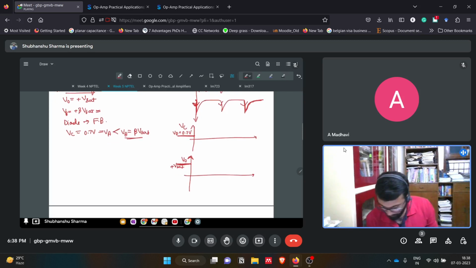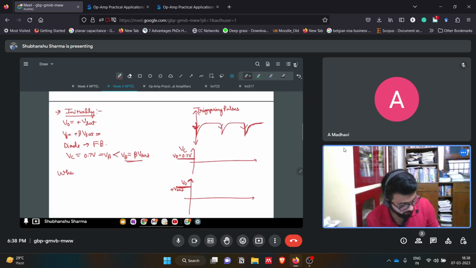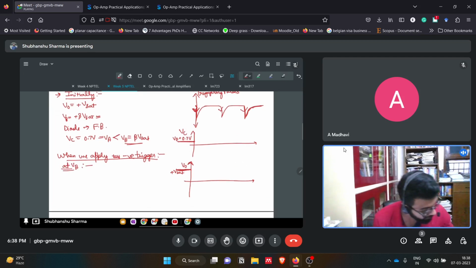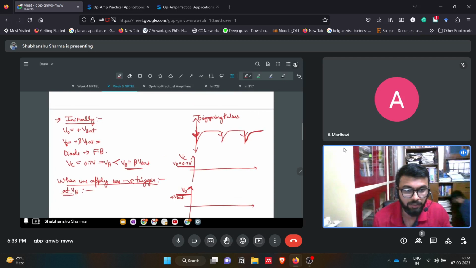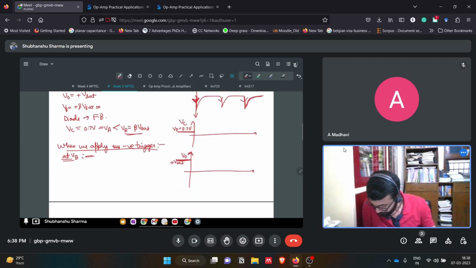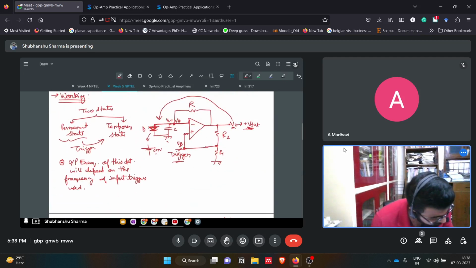Now, when we apply a negative trigger at Vb, momentarily this Vb voltage is negative.